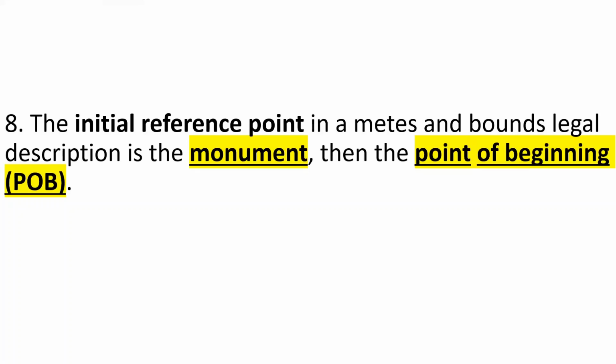They have to identify a specific item, or they can place a monument there. A monument is a fixture, something that is fixed at that location, that marks that location. And the point of beginning, that is where they're starting. It is also referred to as POB.